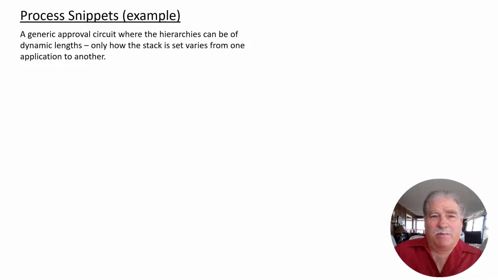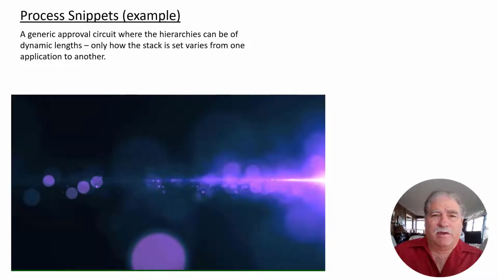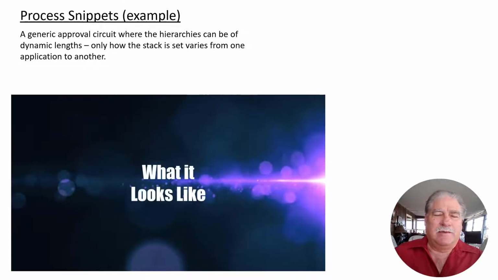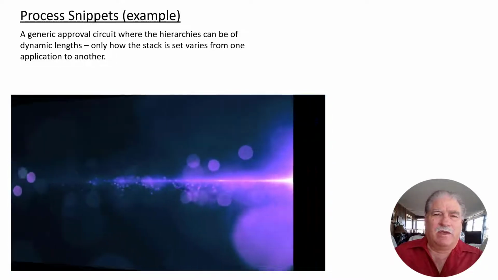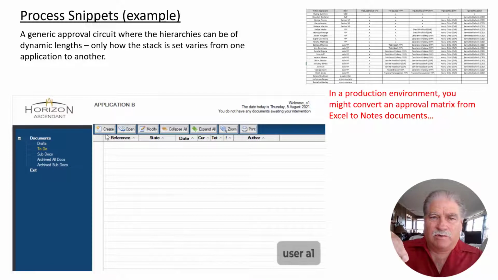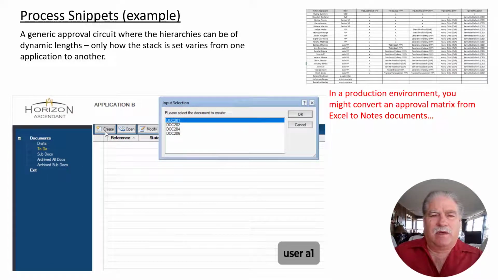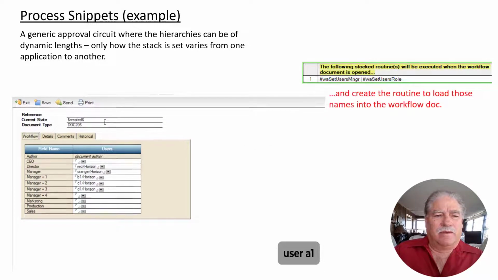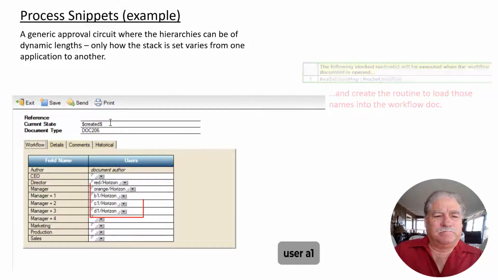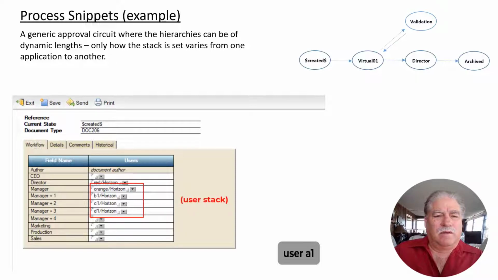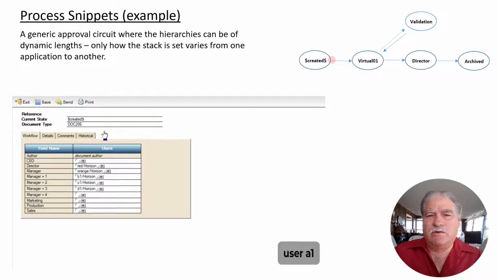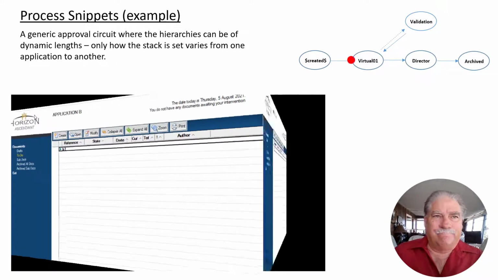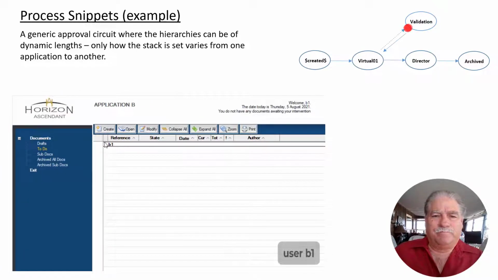Upping the complexity a bit, this is essentially a generic approval circuit. We refer to this as a user stack, where we push usernames onto the stack and we pop them off as you go through the process. I've seen this particularly used in the context of purchasing applications.